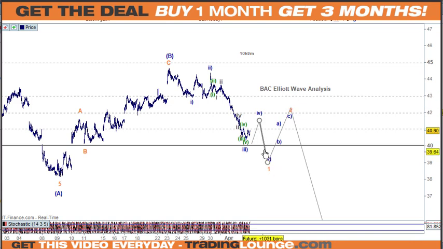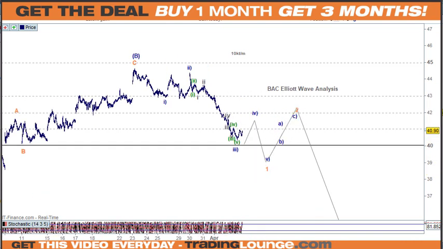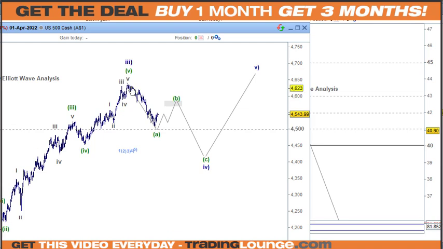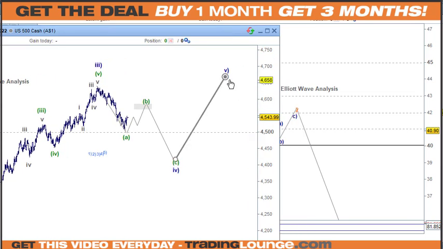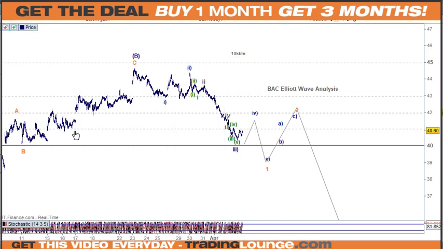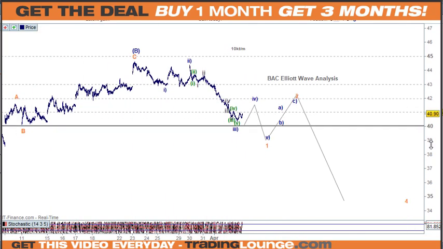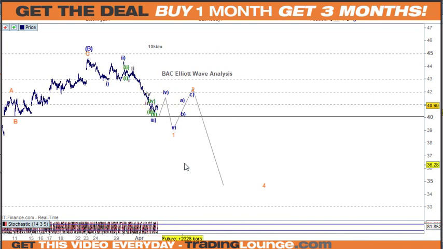So this move up here for wave 2 will give us a new high on the S&P and some of the tech stocks within that. But when it reaches this, we're looking for it to come down in a third wave at this point.